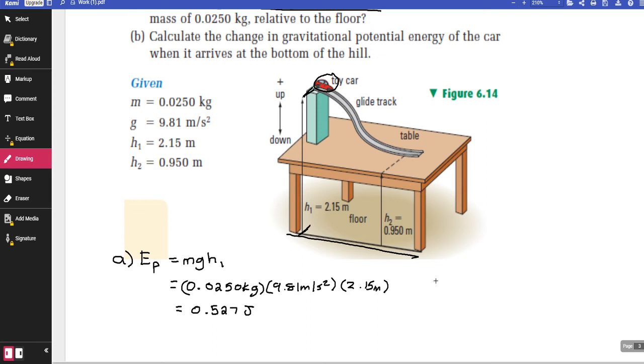So we need to find our change in height. And you could plug this all into the formula because our formula deals with having that change of height. So you would just put it like this, delta H. The mass is the same, kilograms, multiplied by 9.81 meters per second squared.